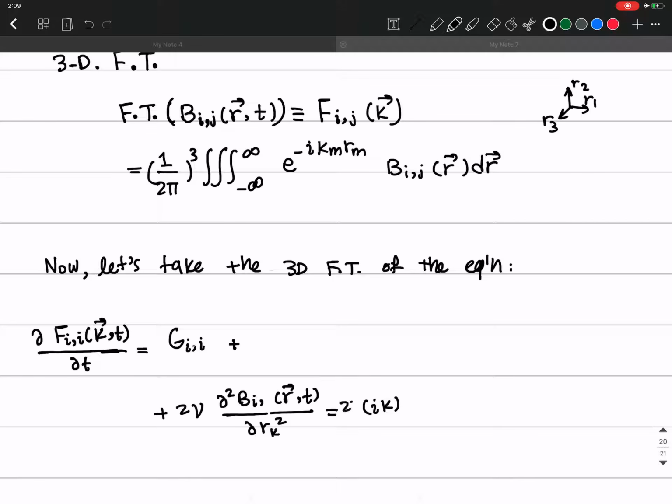So it's going to be 2 nu (ik)^2 of phi_ii(k, t). And we know that i to the power 2 is minus 1, so it's going to be minus k squared, actually.